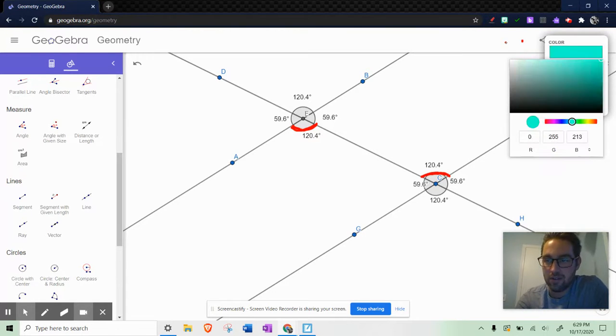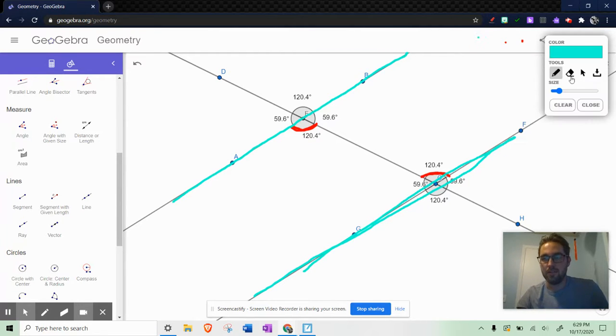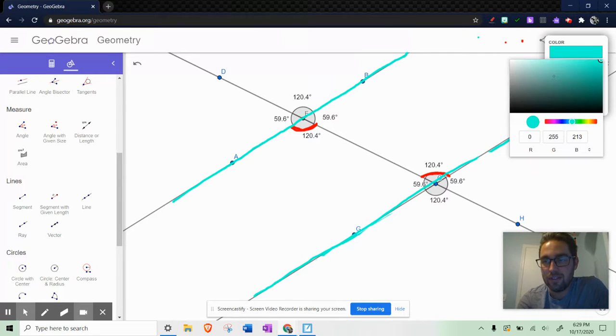Let me color code these a little bit. They're inside the two parallel lines, and they're on alternate sides of our transversal, the line that is cutting through them. So they're alternate interior angles, and look at that. They are the same degree measure.